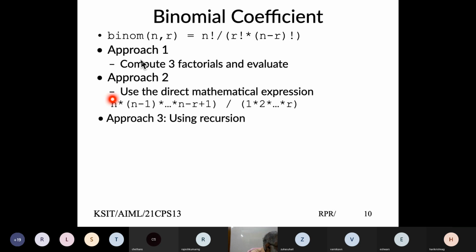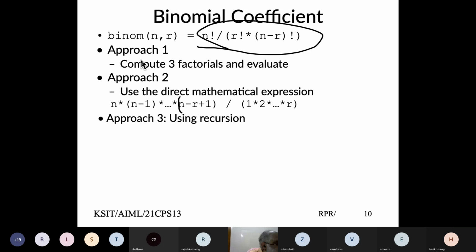So in this approach, n into n minus 1 into, and this would again need a parenthesis here, n minus r plus 1, divided by 1 into 2 into 3 up to r. So we are doing a smaller number of multiplications here. In the first approach, we are doing a lot more multiplications.